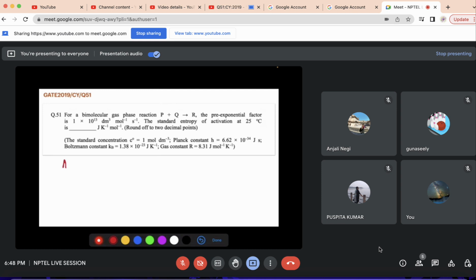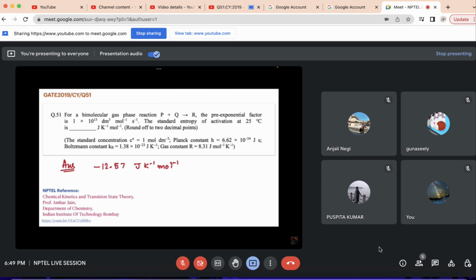So the answer is minus 12.57 joule per Kelvin per mole, my standard entropy of activation. For this topic of bimolecular gas phase reaction, I highly recommend the lecture Chemical Kinetics and Transition State Theory by Professor Amber Jain, Department of Chemistry, IIT Bombay. Here is the link for the lecture. Thank you.